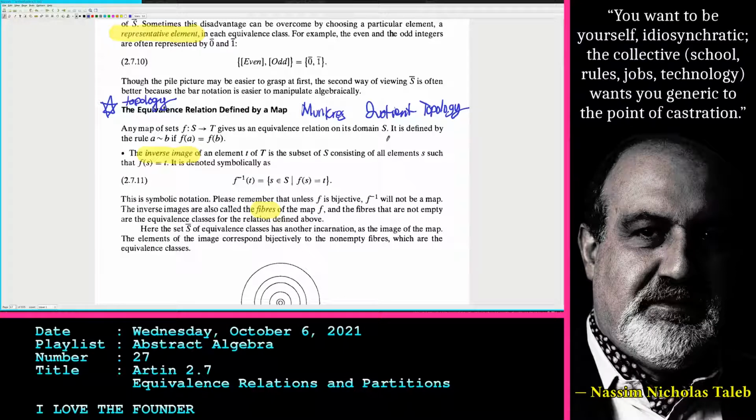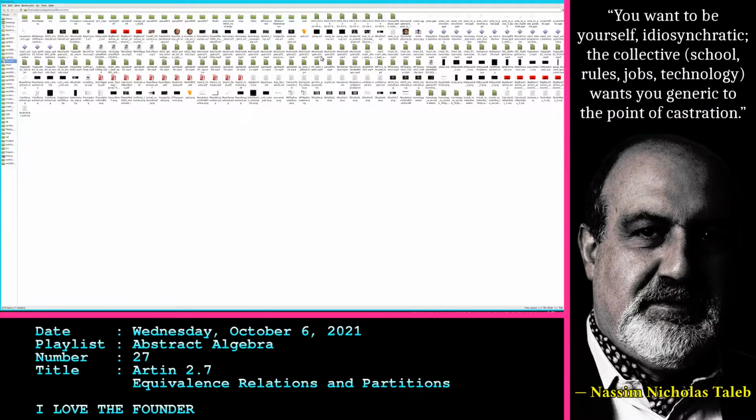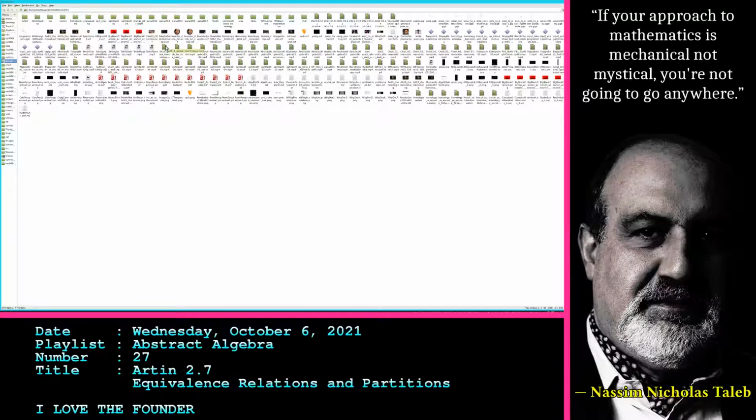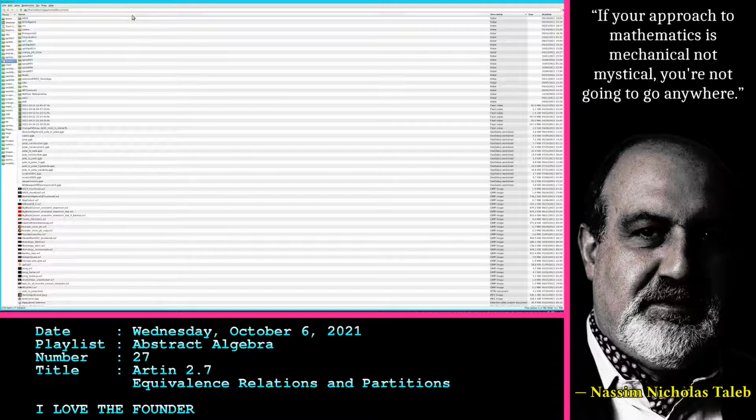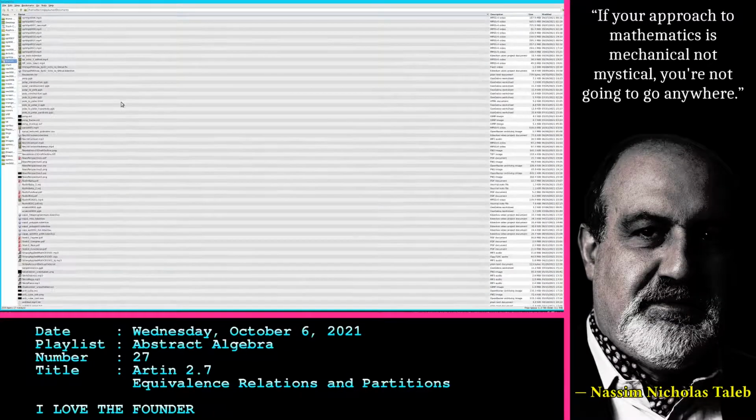You know what, let me pull up Munkres. Do I have Munkres? Maybe in my downloads.